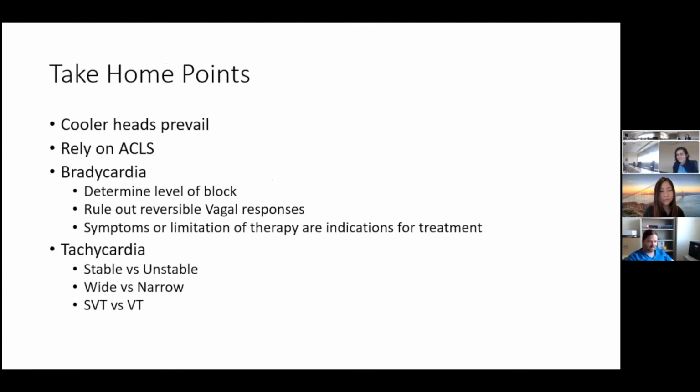Symptoms or the inability to treat something because the heart rate's going too slow are going to be your big indications for treating bradycardia. For tachycardia, again, we're going to start out sorting out unstable versus stable, and sorting wide versus narrow helps us figure out what to treat with, and there are algorithms to sort out SVT versus VT. So hopefully with some of these lessons, it's a good jumping off point for feeling a little more prepared with arrhythmia.